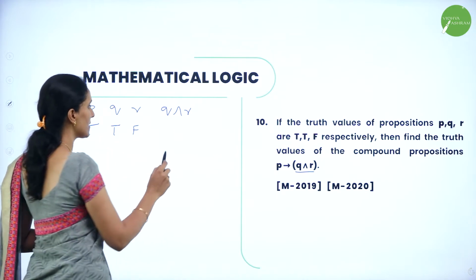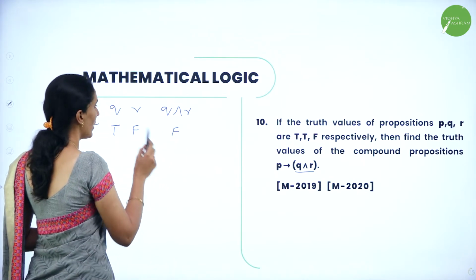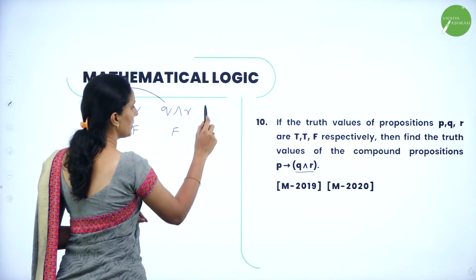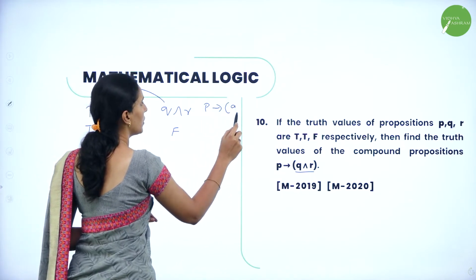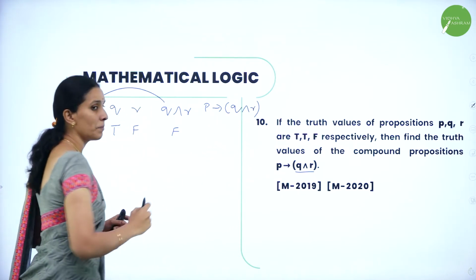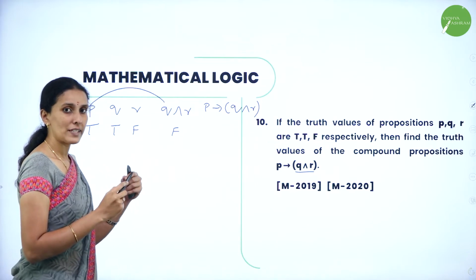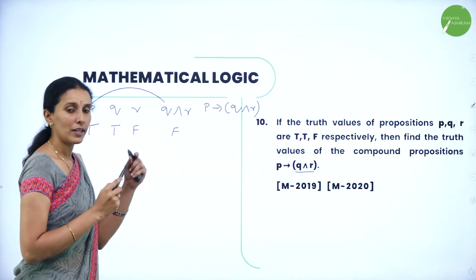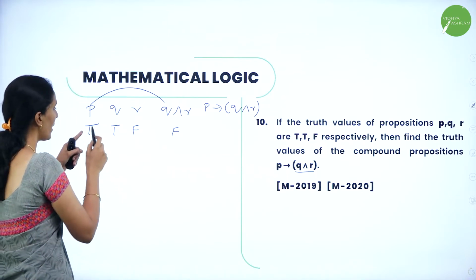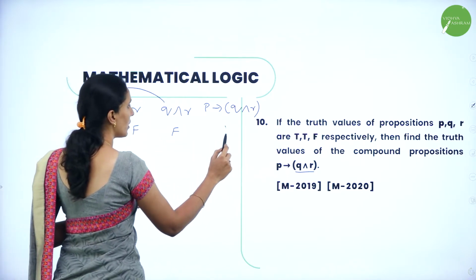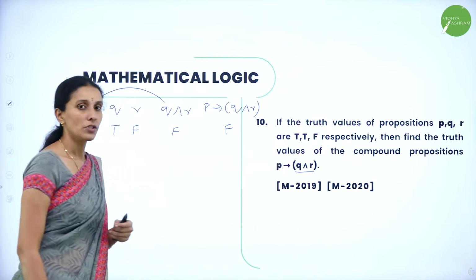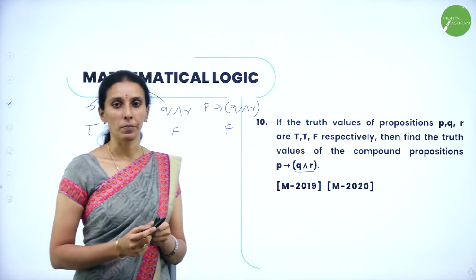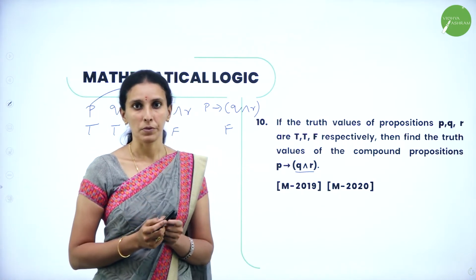In all the other cases, it is false. So, next we need to combine these two statements: P implies Q and R. Implies is always false whenever the first statement is true and the second statement is false. In all the other cases, it is true. So we have true, false. Therefore, the statement is false. So the given compound proposition is a false proposition.